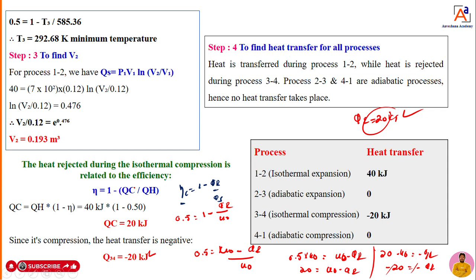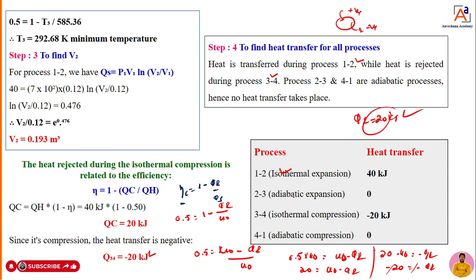We know already that heat supplied to the system is positive and heat rejected from the system to the surroundings is negative, but heat is getting rejected here, hence it is a minus. Heat is supplied at 1 to 2, whereas heat is rejected at 3 to 4. During the isothermal process, the heat transfer is 40 kilojoules.